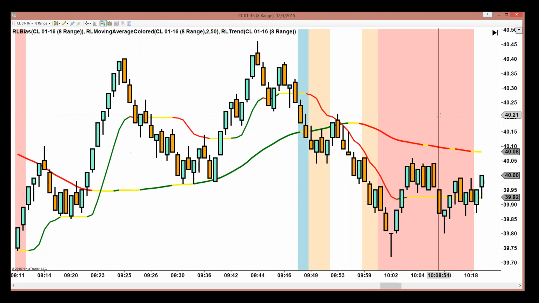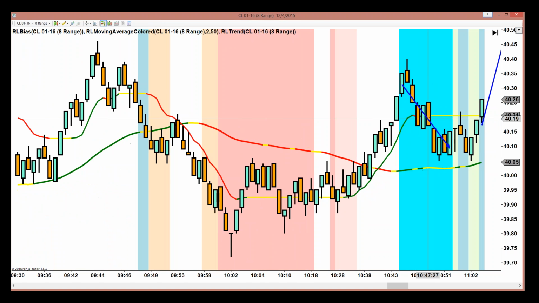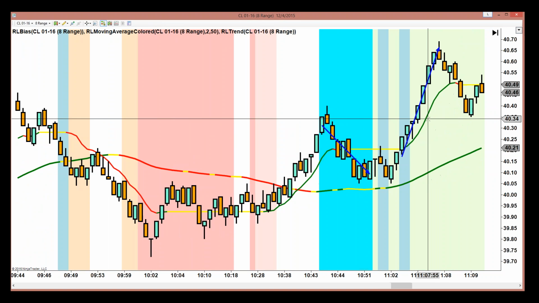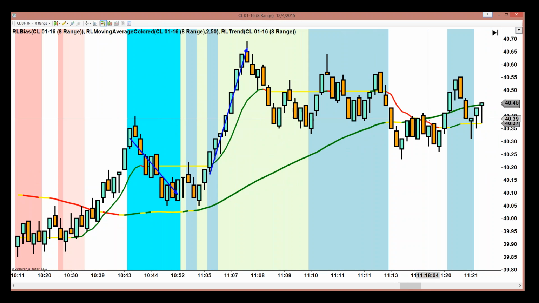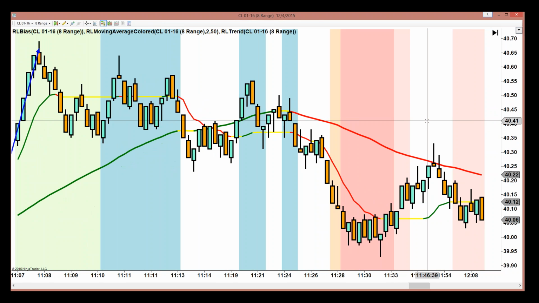When we do have multi-time frame alignment, our risk for trading is lowest. And that's really what we're looking for: periods of time where multi-time frame alignment gives us the safest trades we can take.